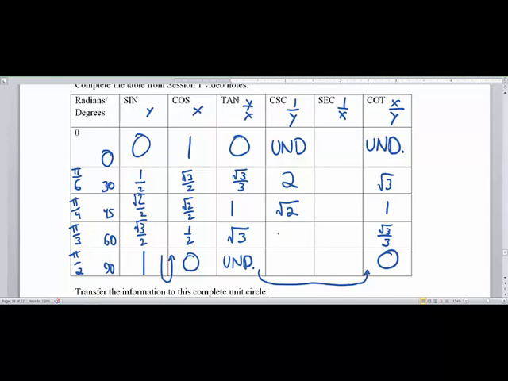And this would be 2 over square root of 3, which then would be 2 square root of 3 over 3 fully simplified. And my cosecant at 90 degrees will be 1, because that would be 1 over y, and 1 over 1 is just 1. Now, if I get this column right, I can then go up this column, starting with undefined at the bottom, and then moving to 2, square root of 2, 2 square root of 3 over 3, and then finally 1.